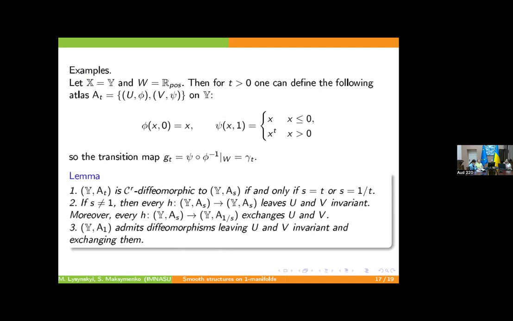Also, if S differs from 1, then a self-diffeomorphism of A_S always preserves U and V, so there are no diffeomorphisms which exchange those branches. And a diffeomorphism between the structures defined by T and the inverse of T always exchanges U and V.